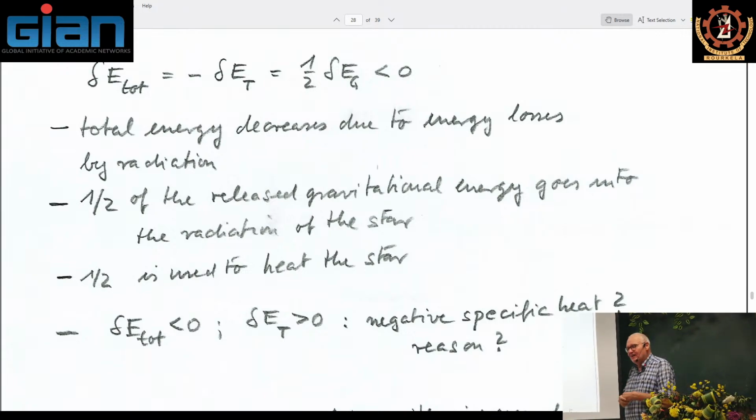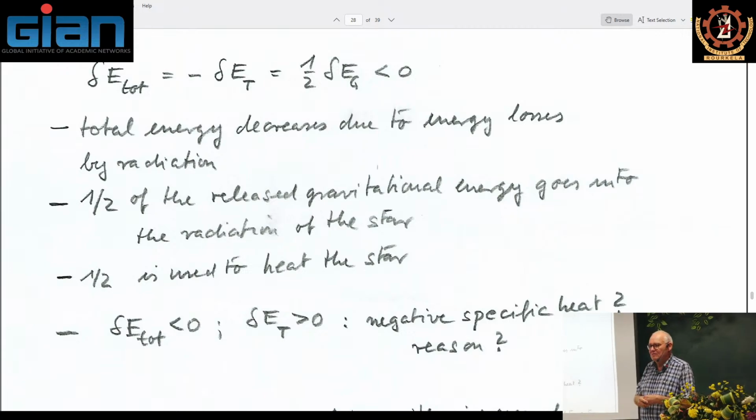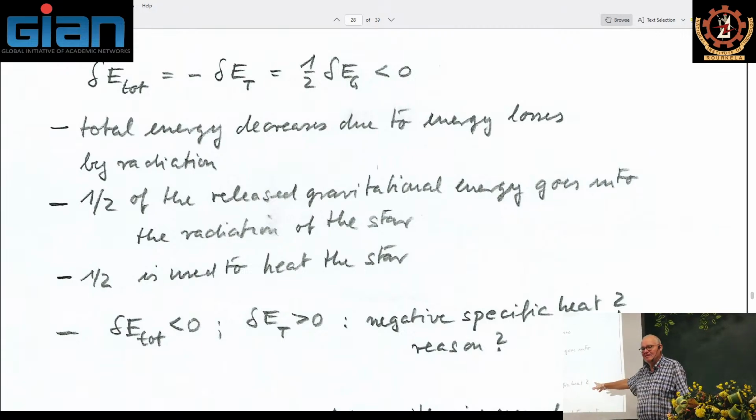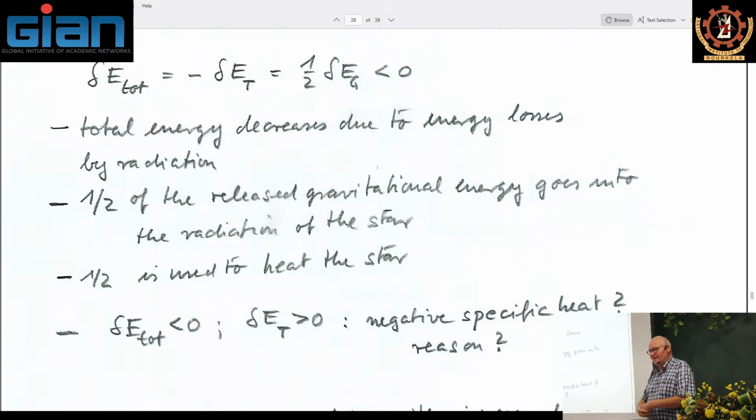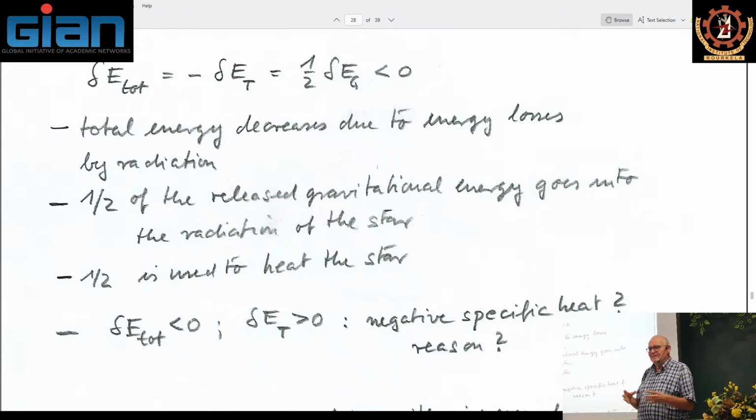I told you there are other astronomical systems where exactly the same phenomenon happens. Gravity plays a major role. This is, for instance, the case in the dynamics of star clusters. If you consider a globular cluster and you get rid of energy in the globular cluster, then it will shrink and the velocities of the stars become higher.